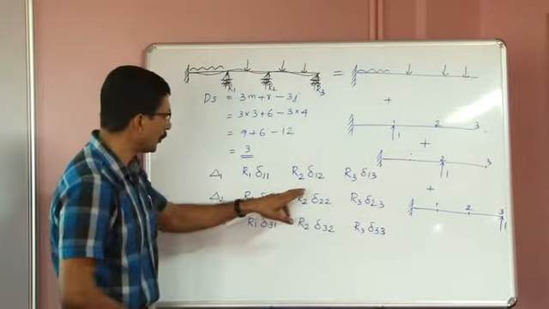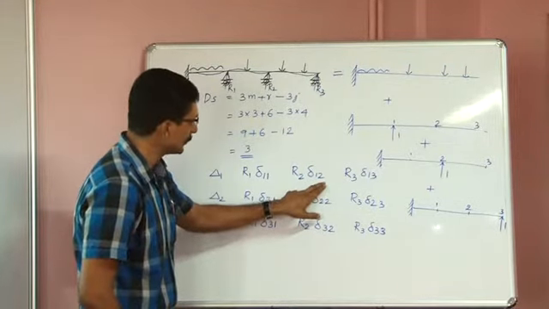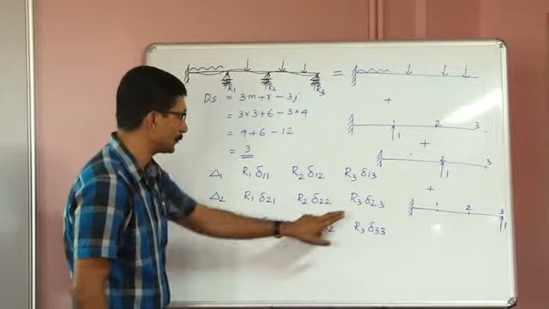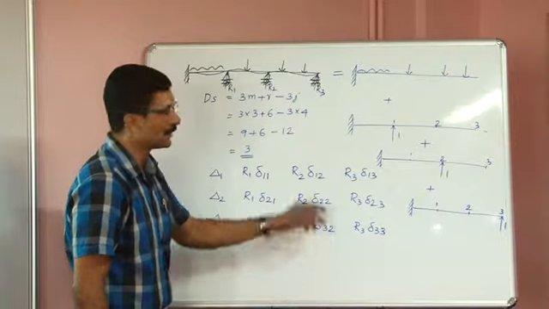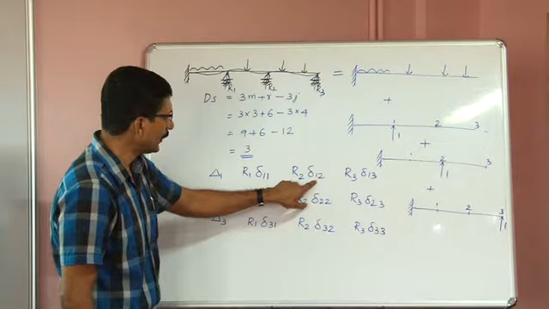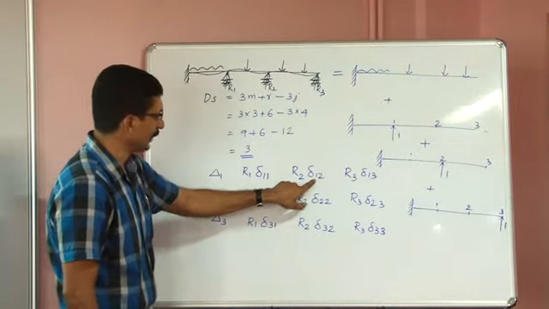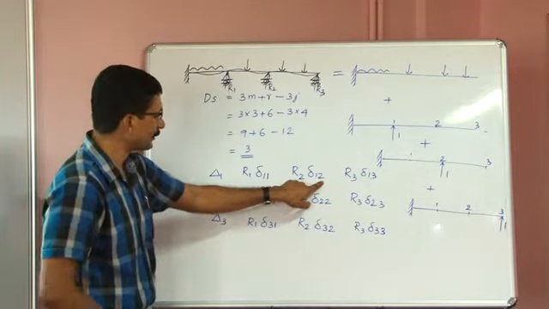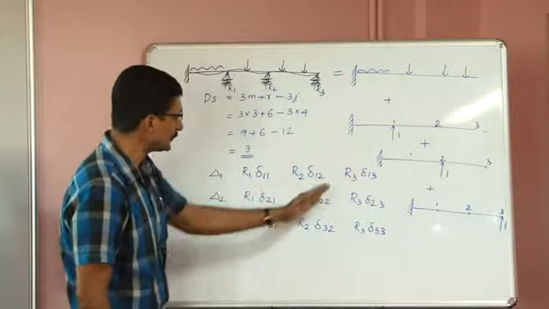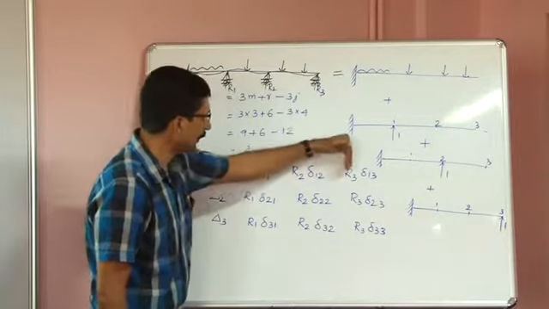The deflection along point 1 in this case would be delta 1 2, deflection along point 2 would be delta 2 2, and that along point 3 would be delta 3 2. As a general rule, the deflection along a coordinate is given the first suffix, and the point where the force is applied is given the second suffix. That is fine.